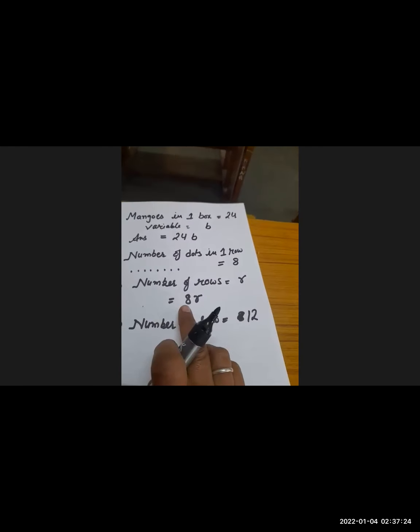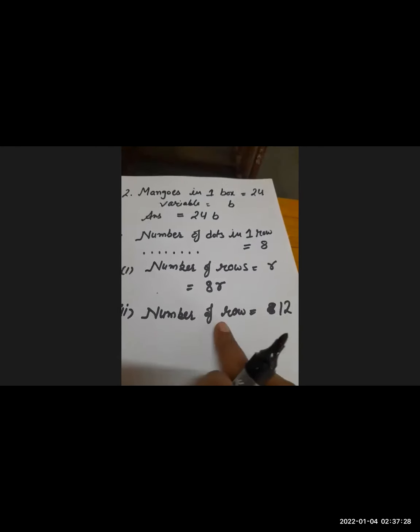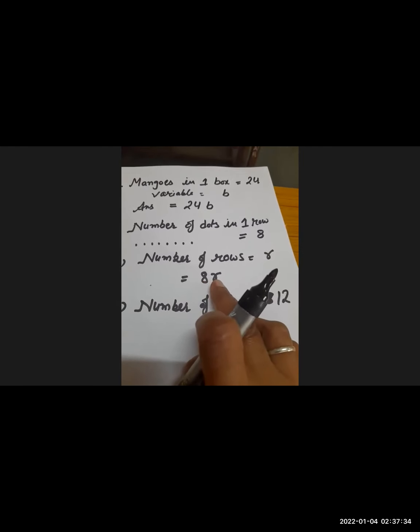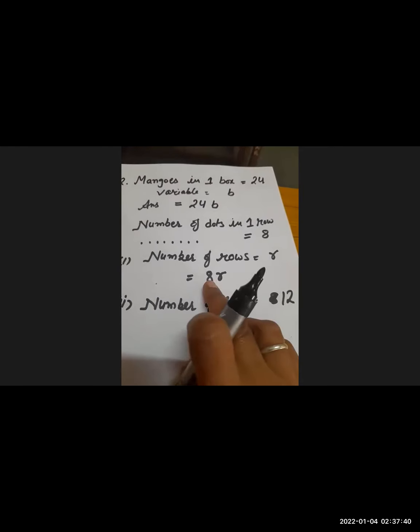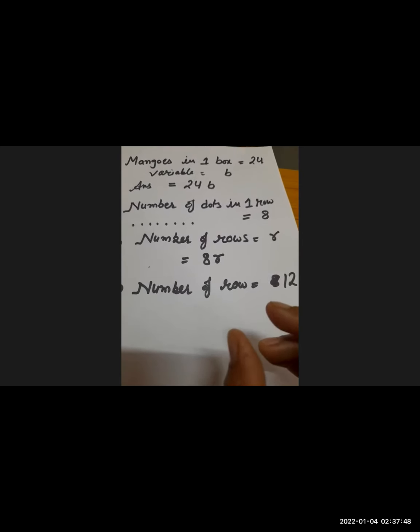In one row we have 8 dots. Now find how many dots are there in 12 rows. So rule is 8R. Now put R is equal to 12. Clear, students? Number of dots in one row we have 8, and our number of rows are 12.